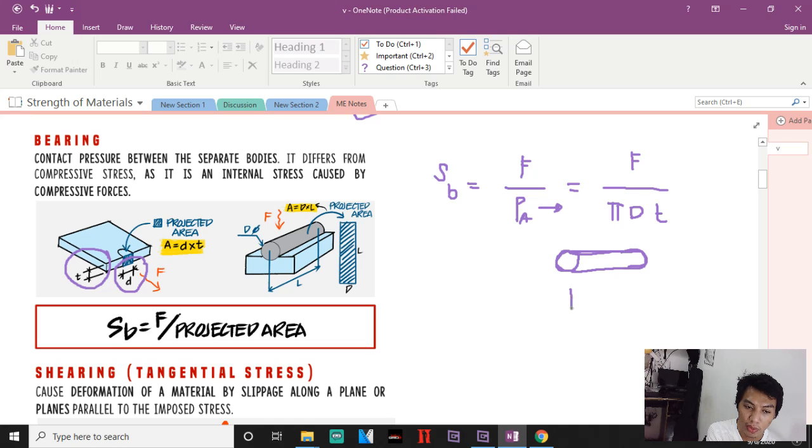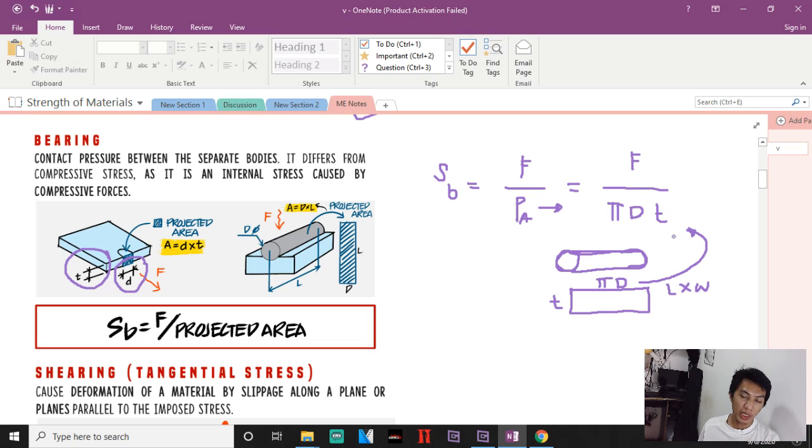Ibig sabihin, itong thickness ng plate mo, i-translate ko ito into a shape or a projected area that forms a rectangle. Okay? Where ito yung iyong circumference. And this is your thickness. So, kung ayan ay length times width, therefore, that is pi dt, pag bearing stress.